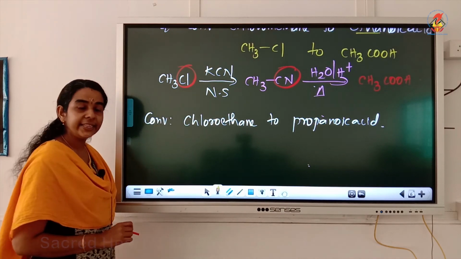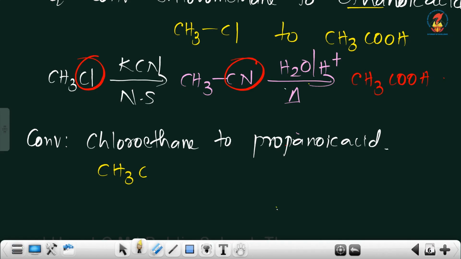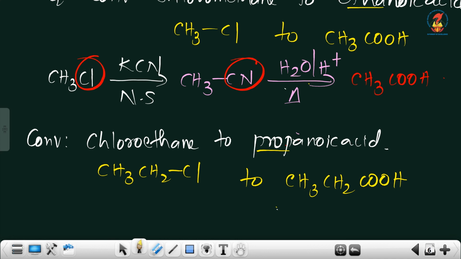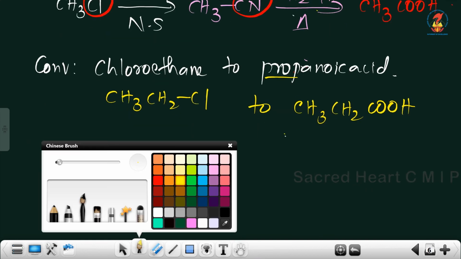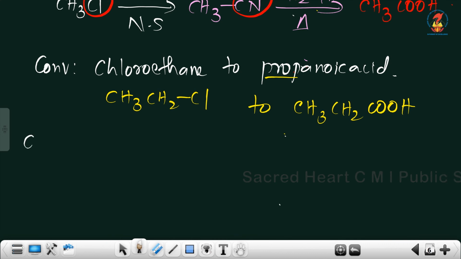The chloroethane formula is CH3CH2Cl. We have to convert it into propanoic acid; prop means 3 carbons, so CH3CH2COOH. So we have to convert a 2-carbon compound into a 3-carbon acid, using the same method.